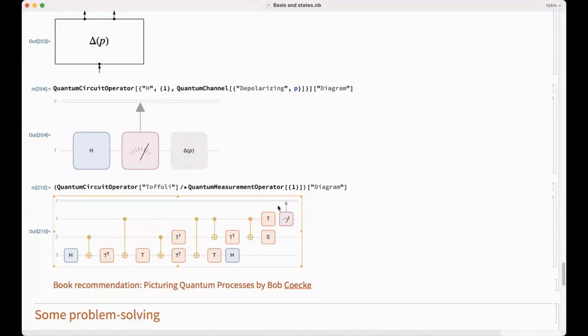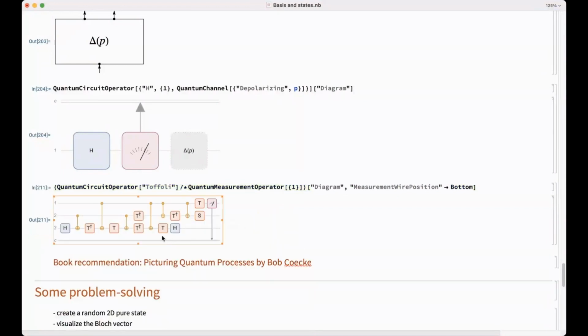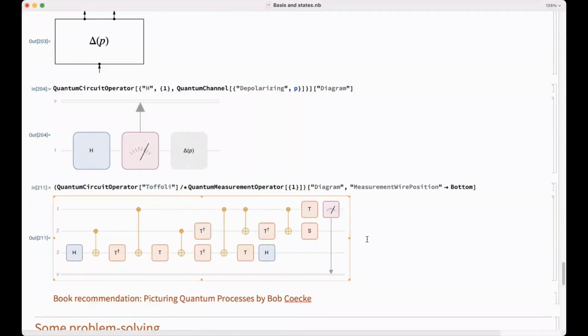Also, Qiskit likes to show the measurement line on the bottom. There's a reason that we show it on top by default. We can actually change it with the measurement wire position option. Maybe I'm going to explain next time why.